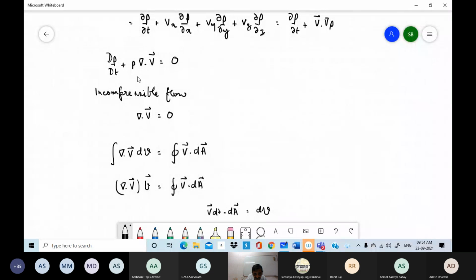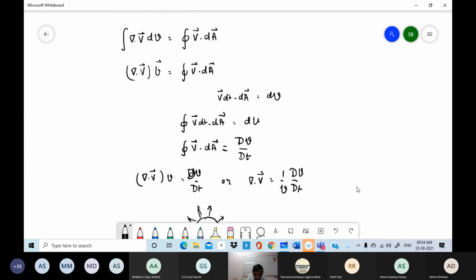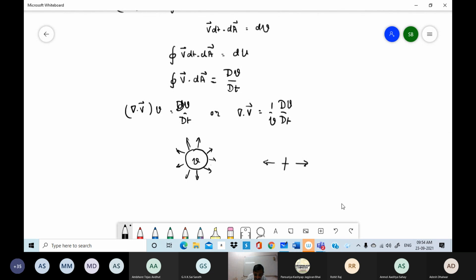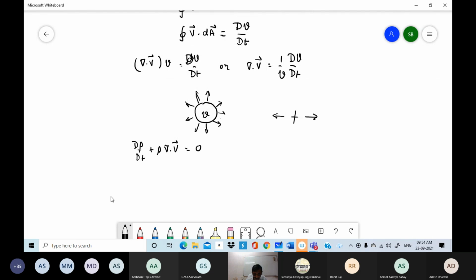So if I now look at this equation, d rho by dt plus rho del dot V, so I had d rho by dt plus rho del dot V is equal to 0. If I multiply this by V, it would give me V del dot V, which we found is the rate of change of volume.